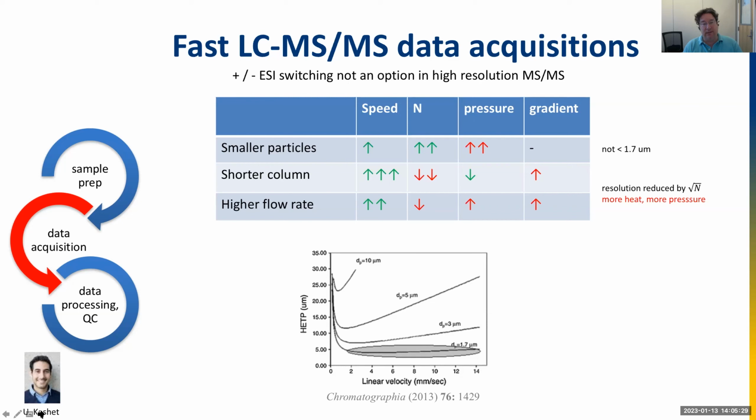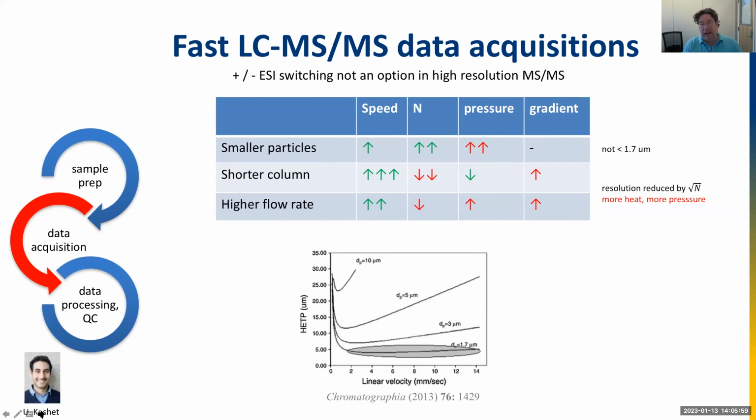Then we perfected the LCMS data acquisitions. We still need to do positive and negative mode electrospray in 2 separate runs, because online positive-negative switching is still not an option. We thought about all possibilities, like increasing the speed, but of course, when you increase the speed, you also increase pressure.